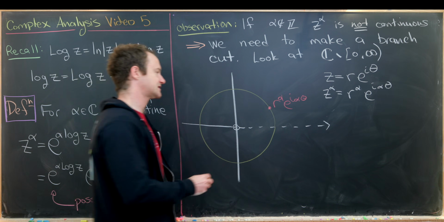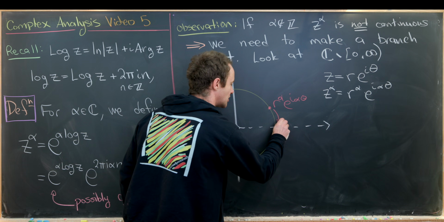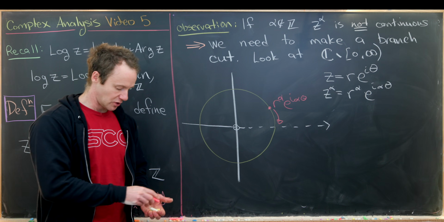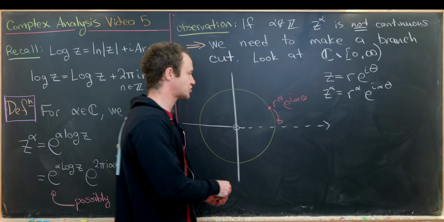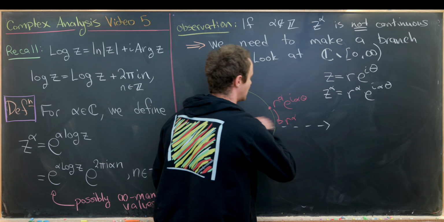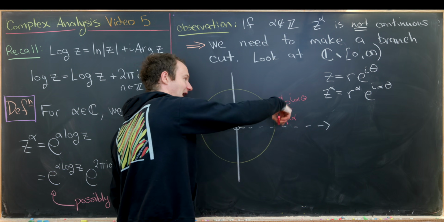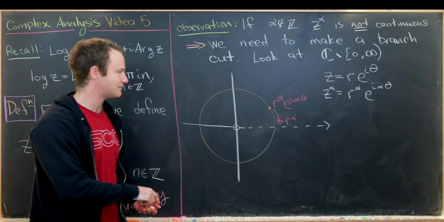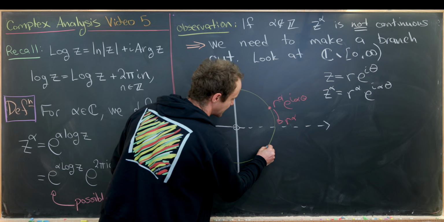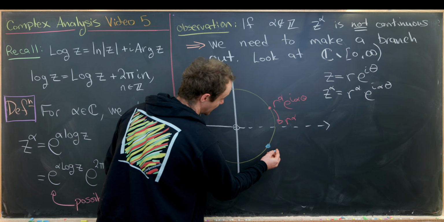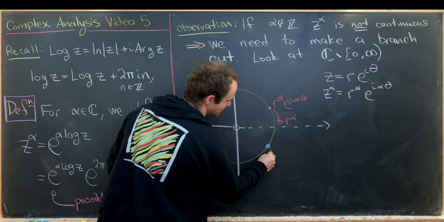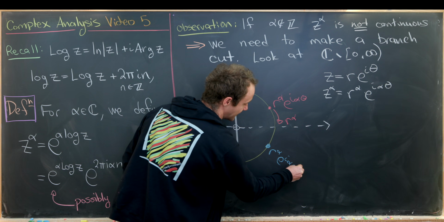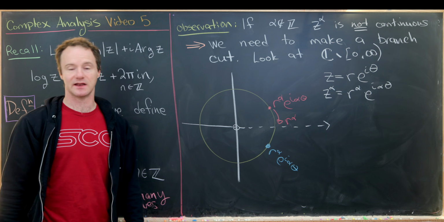Let's notice that as we push along this direction of the circle, we're going to approach just r to the alpha, and that's because in that direction we have theta approaching 0. Okay, now let's compare that to something that's happening over here. So here, again, we have something which is r to the alpha e to the i alpha, I'll reuse theta again.